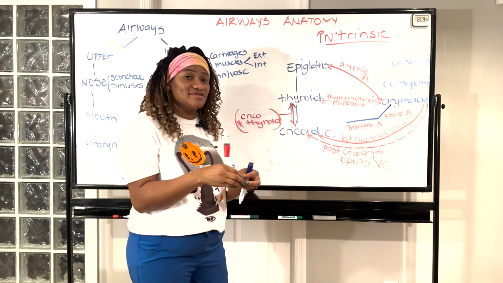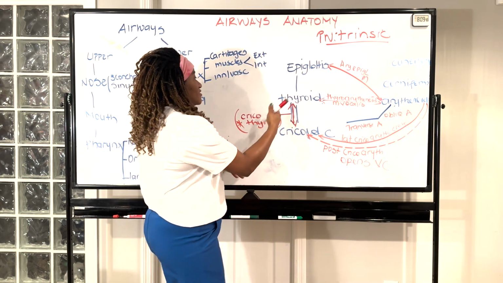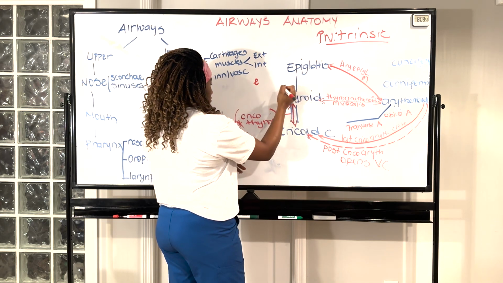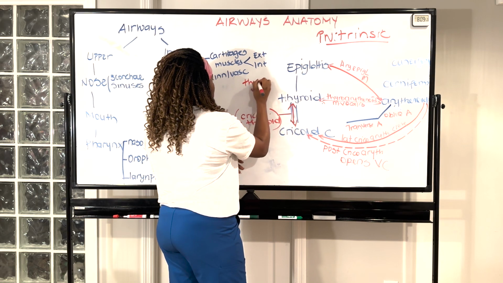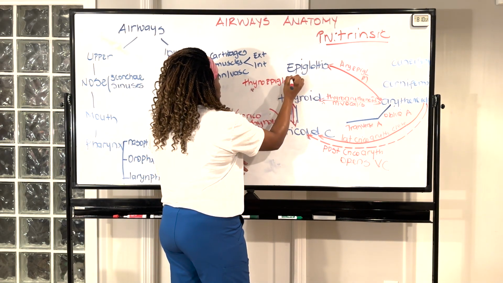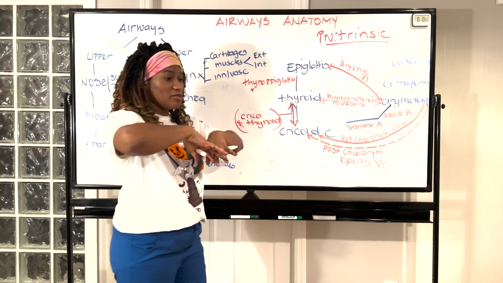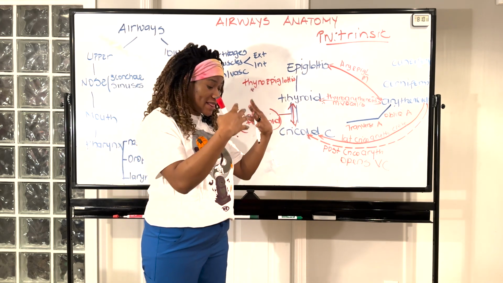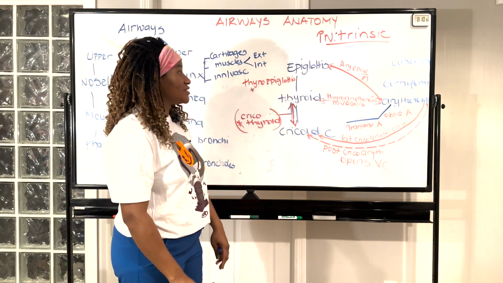And the thyroepiglottic muscle here, the thyroepiglottic, is going to help widen the laryngeal inlet. Remember, we saw the laryngeal inlet, so it's going to help widen that inlet.